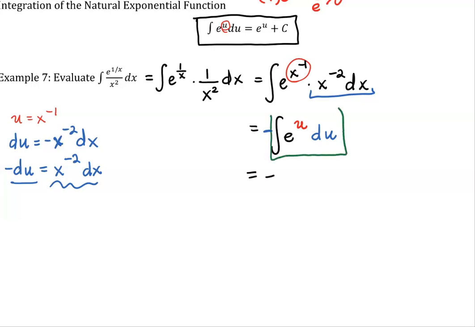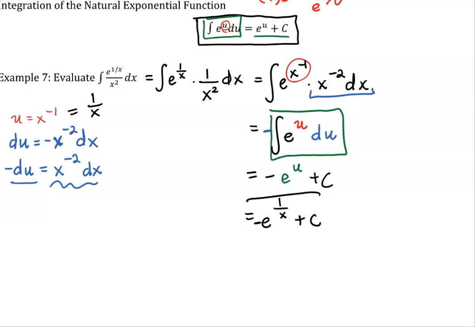All of this green box, this e to the u du inside the integral, is everything we have here. And that formula tells us that that is equal to e to the u plus c. And then the last thing that I will do is just go back in and substitute in what u is. And u was x to the negative 1, which is just 1 over x. So we have a negative e to the 1 over x plus c.